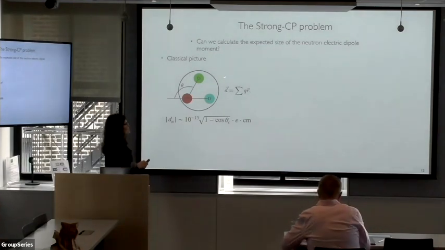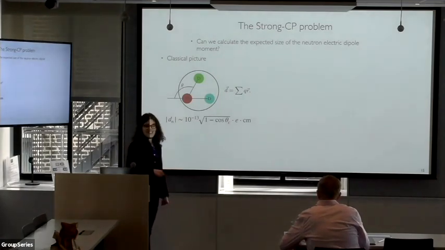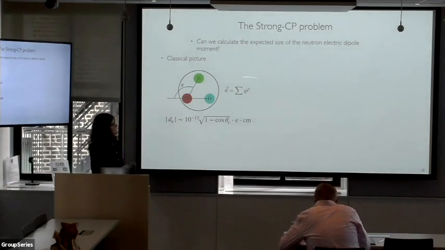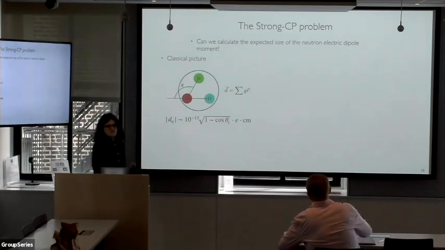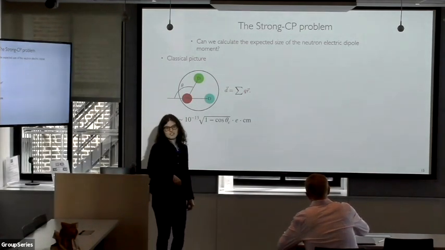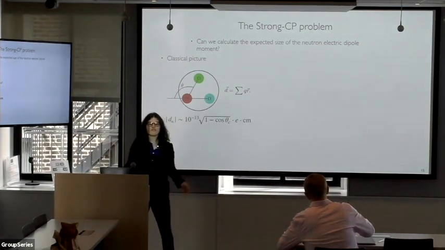So you have the dipole moment you can just calculate classically as the sum of charges weighed by their distances. That's the definition of a dipole moment. And the size of it is just estimated by the size of the neutron, which is about a Fermi, times the typical charge, which is of the order of the electron charge. So you expect this to be about 10 to the minus 13 e centimeters if all of the quarks are evenly distributed.